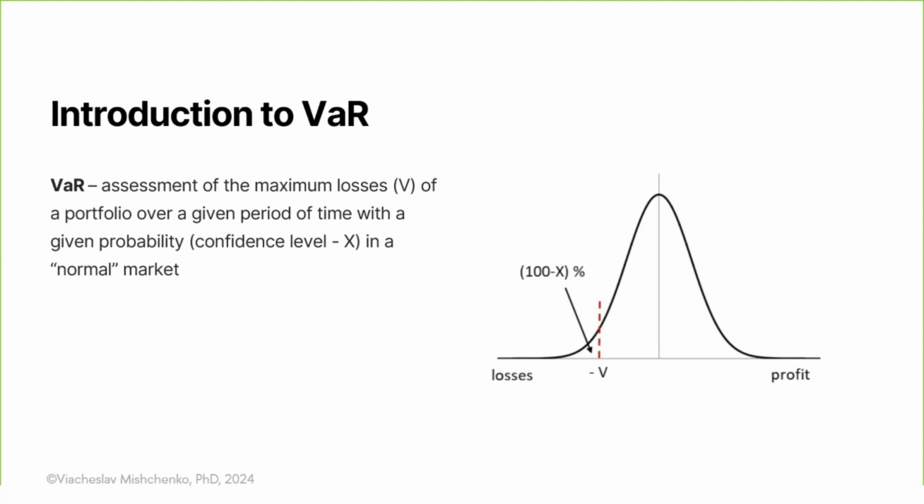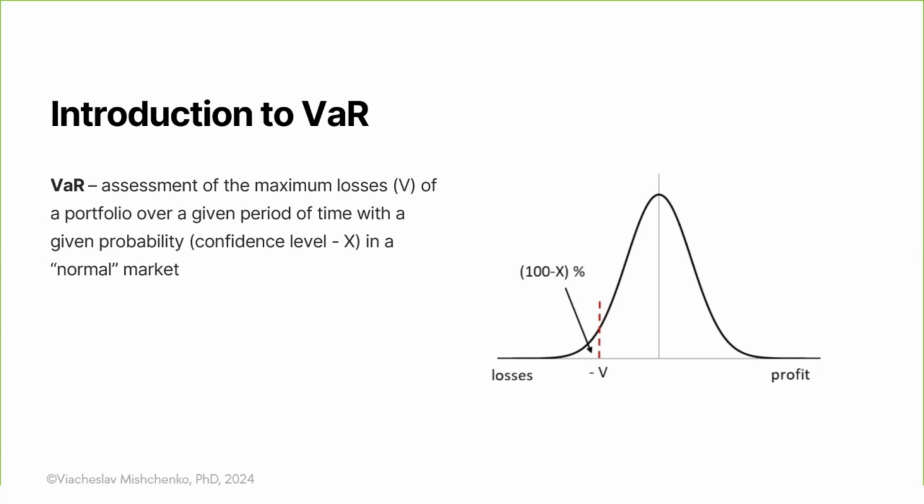In my practice and general practice, banks often use one-day value at risk with a 95% confidence level. Why? Because it gives us a daily snapshot of risk that we can act on quickly.